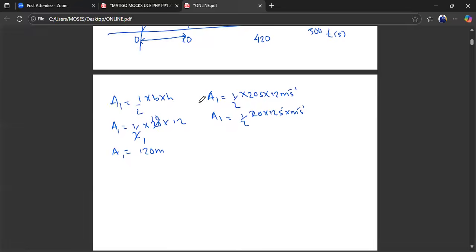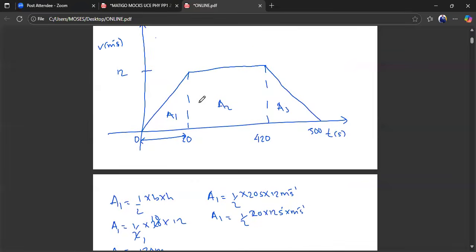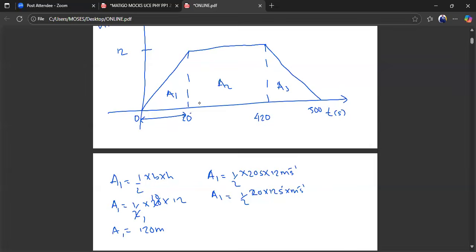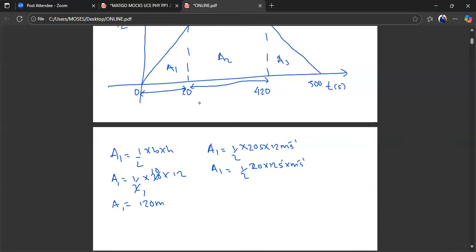So we come and get area A2. Area A2 is a rectangle, whereby the distance is from here up to there. And this distance will be given by 420 minus 20. Area A2 is going to be length times width.